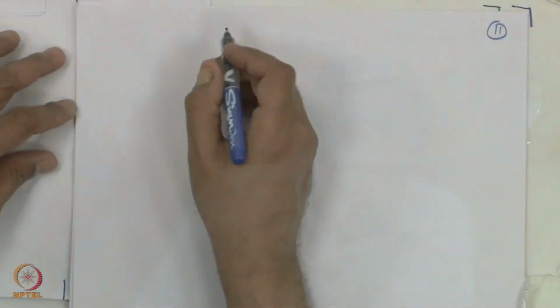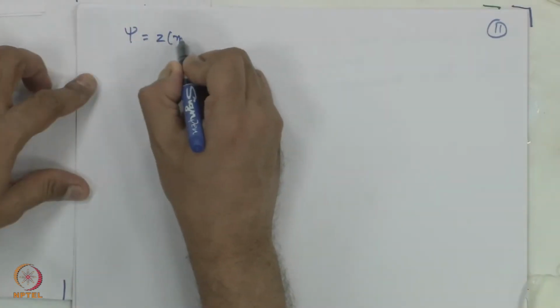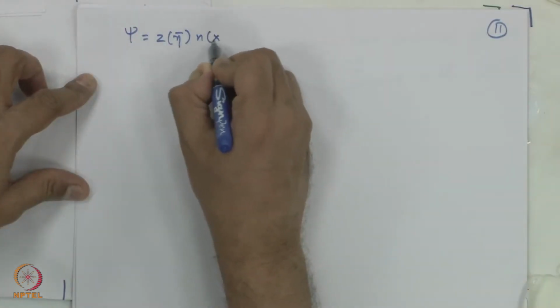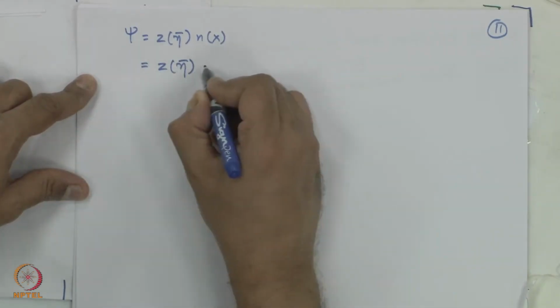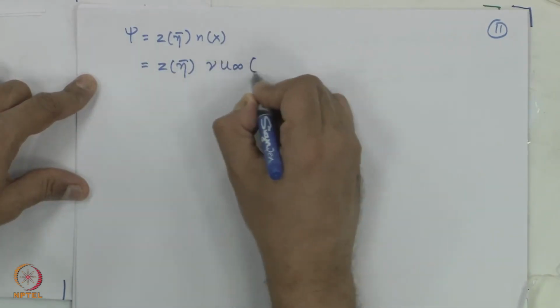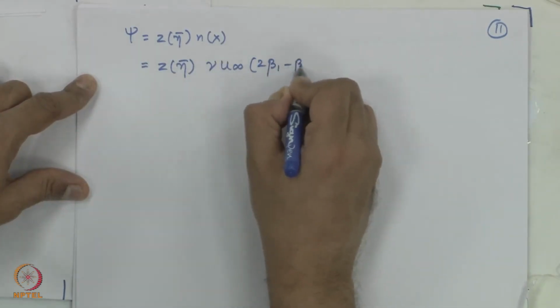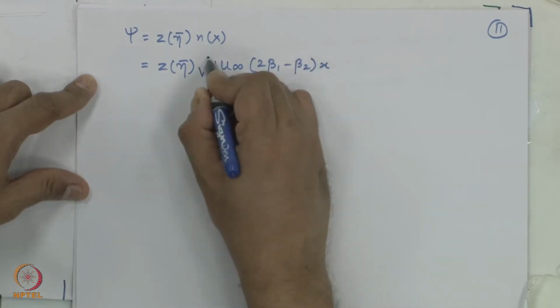Remember, just let us go back to definition. We showed here n, definition of n is nu u infinity, this one. So, psi is equal to z of eta bar n of x. I will just substitute for n. Z of eta bar, nu u infinity by 2 beta 1 minus beta 2 into x.